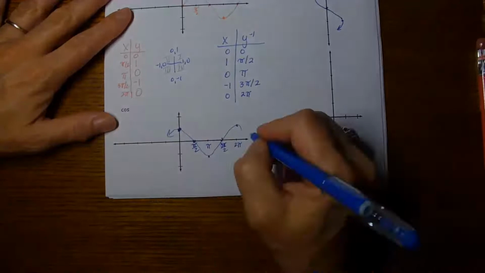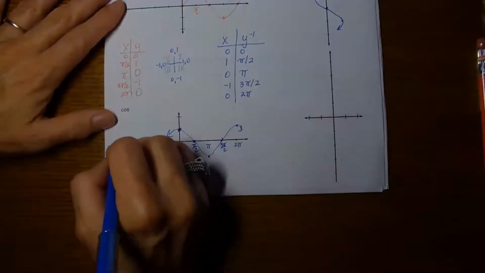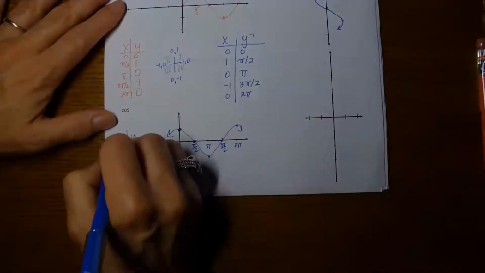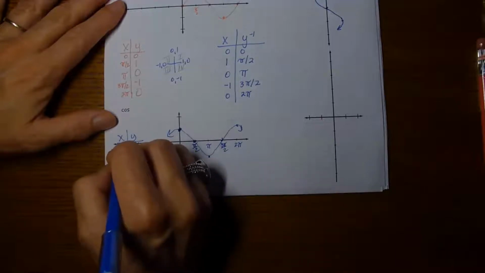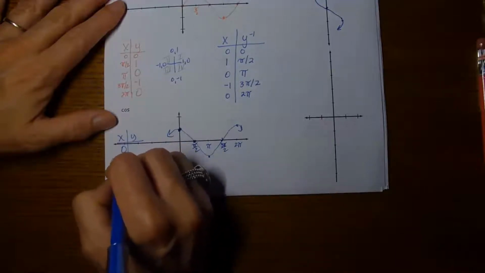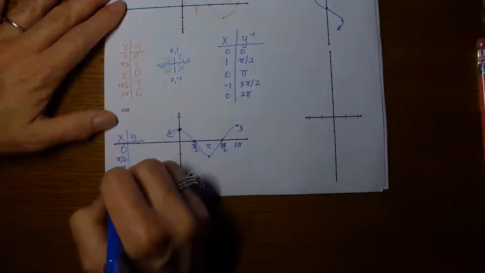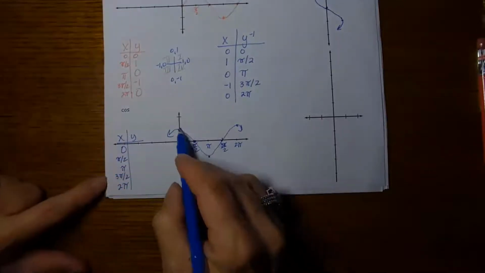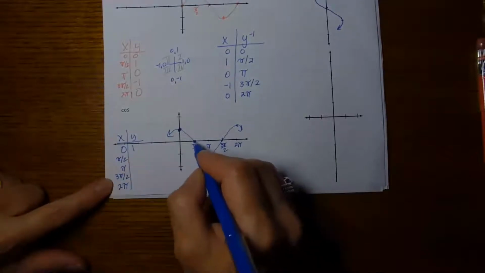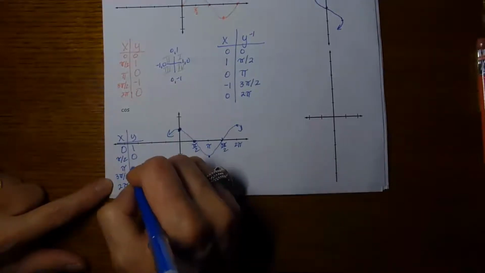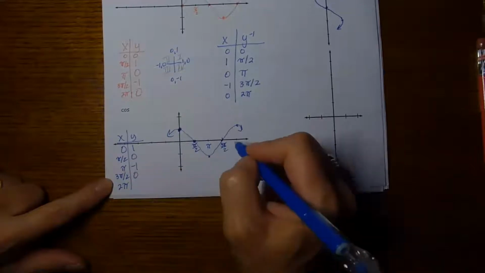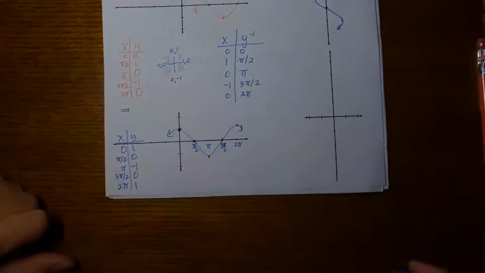That's cosine, right? So tell me what the x, y values are. X is going to be 0, pi over 2, pi, 3 pi over 2, and 2 pi. What is cosine at 0? 1, 0, -1, 0, 1.